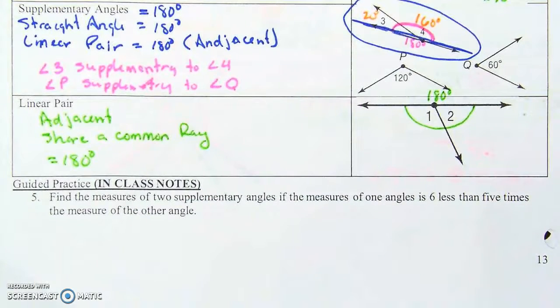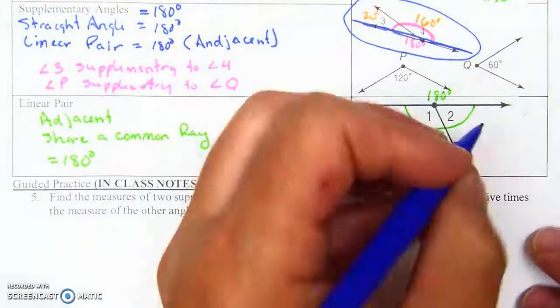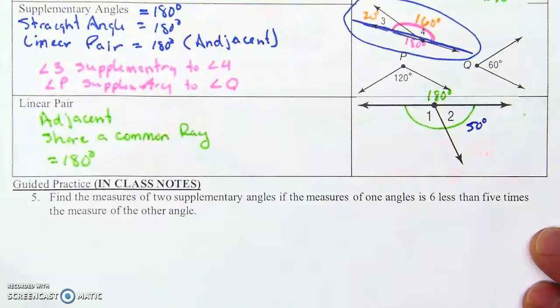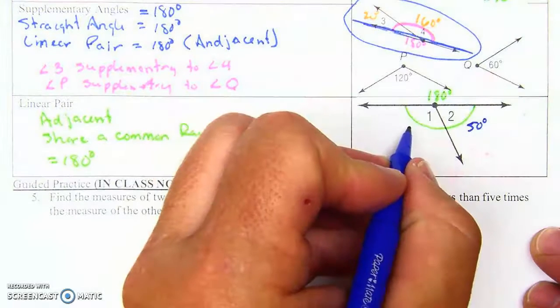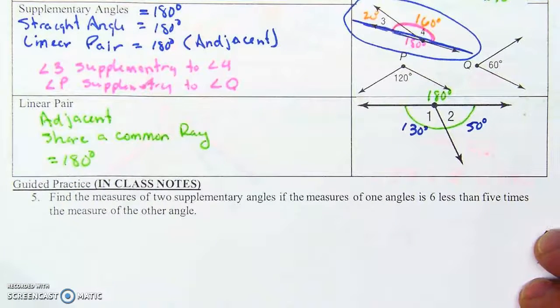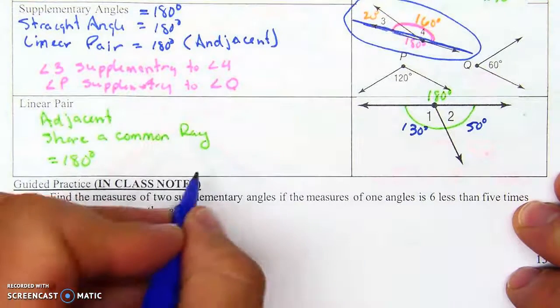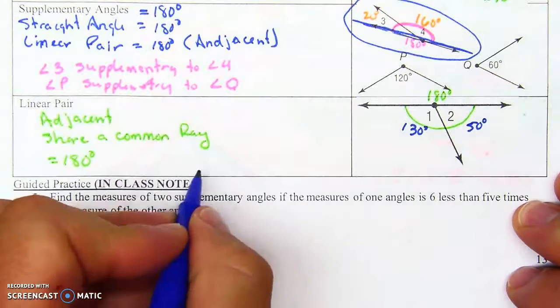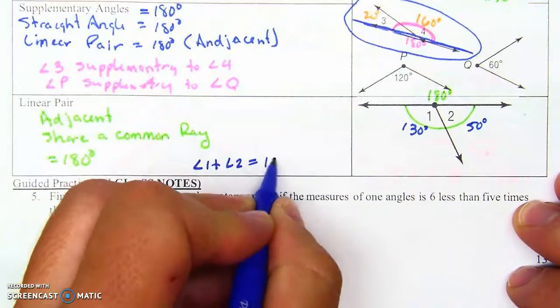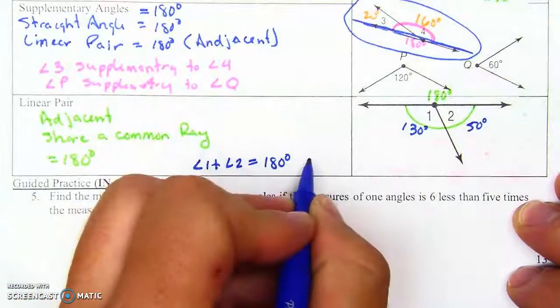If I were to add the two up, we could call this one 50 degrees on this side for angle 2, and we can call this one 130 degrees. How would we write that? It's a linear pair, so we could say angle 1 plus angle 2 equals 180 degrees. And we can also call this again what?